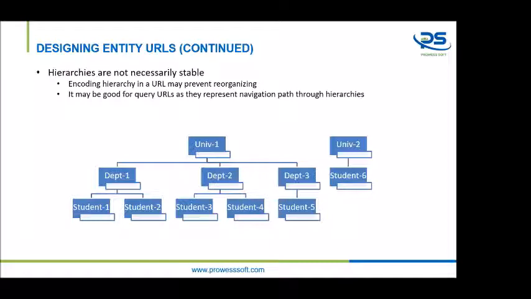You could say this is my base URL / students / your student ID, and with that you can get back, as part of your student's object representation, all the various properties of the student, and one of those properties is also the department to which he belongs. So just be careful of these blind spots where you try to design a lot of hierarchies and then fall into that trap.